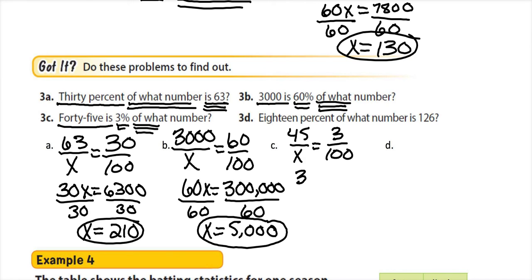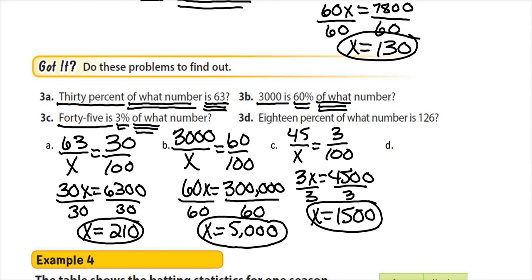So 3x equals 4,500. Divide that by 3. And that's going to give us 1,500. Okay, so again, what does this mean? It means that if there were 45 questions, you only got 3%. That means that there were 1,500 questions.